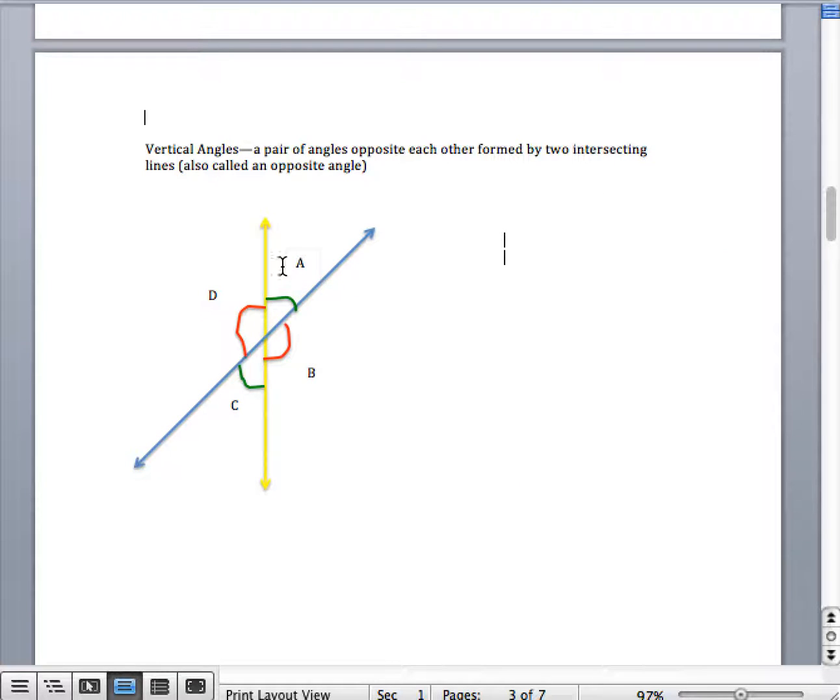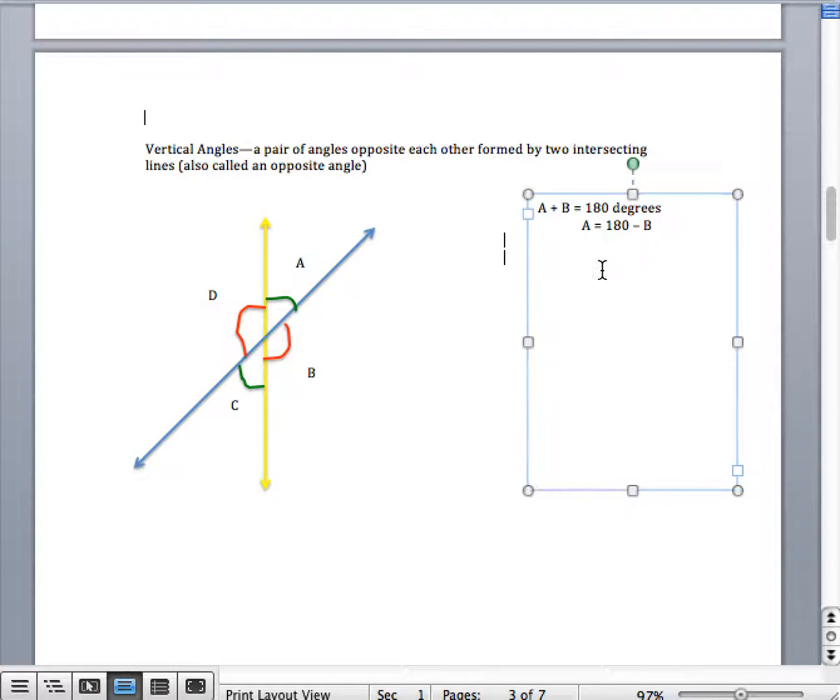So if we know that this angle plus this angle has to equal 180 degrees because they're both on a line, we'll put A plus B equals 180 degrees, right? We can buy that. Super, super simple concept. But as we know, you can exchange these. So if we want to find A, A is equal to 180 minus B. That makes sense, right?